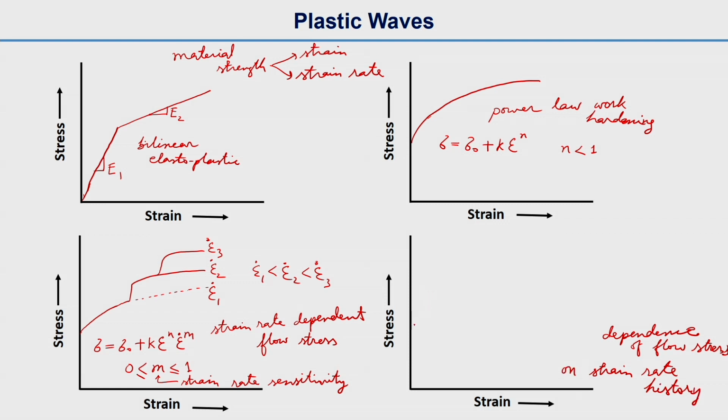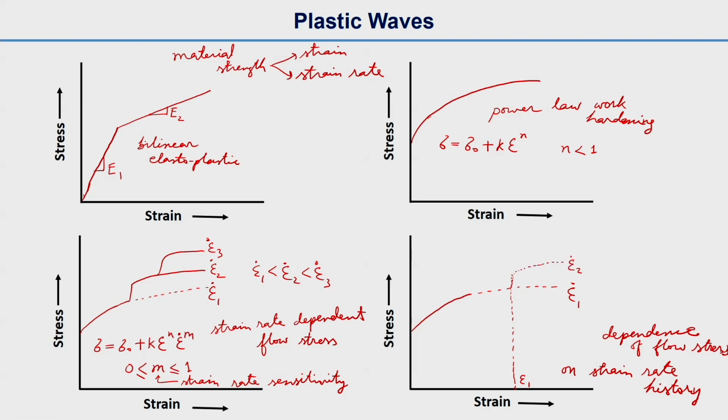So, here what we will show is, let us say this is the material behavior at strain rate epsilon dot. If we increase the strain rate at strain epsilon 1, then the material will show an increase in the flow stress.